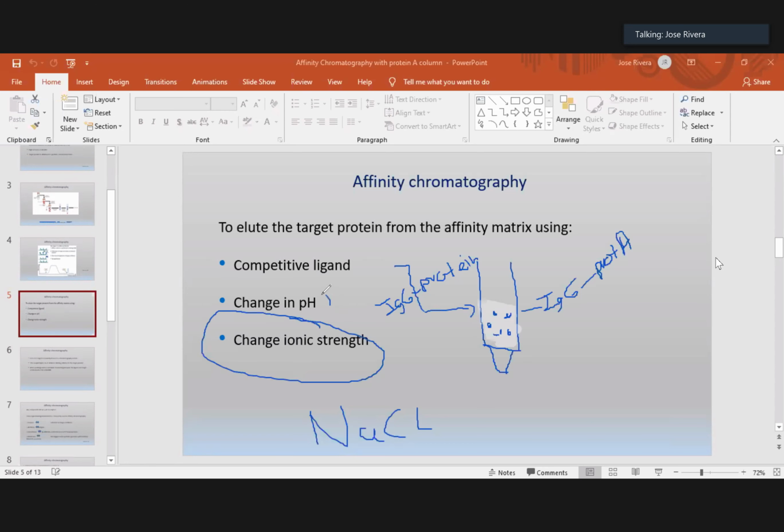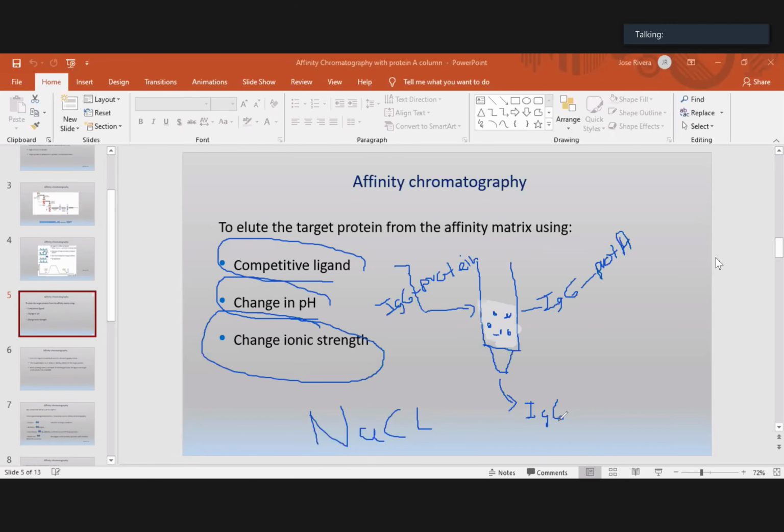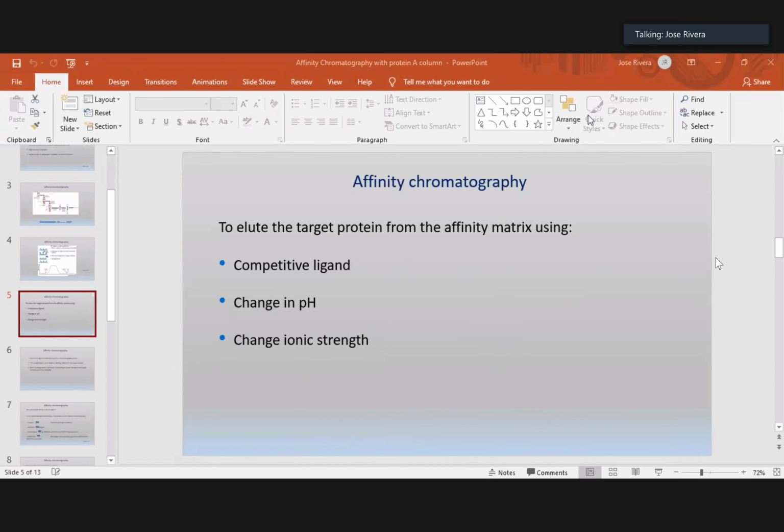You can change the pH, or you can add a ligand that binds to protein A better than your protein. And so all of these will dissociate, and then your protein by itself is going to come out of the other end, pure. Okay, so you can also add detergent.